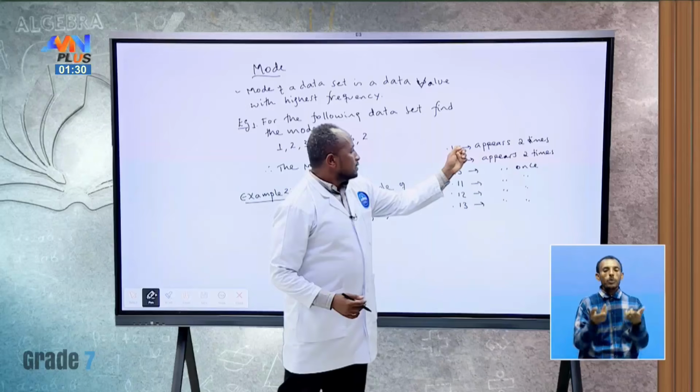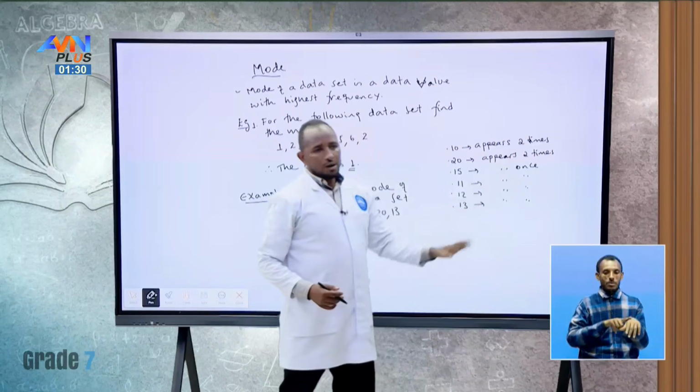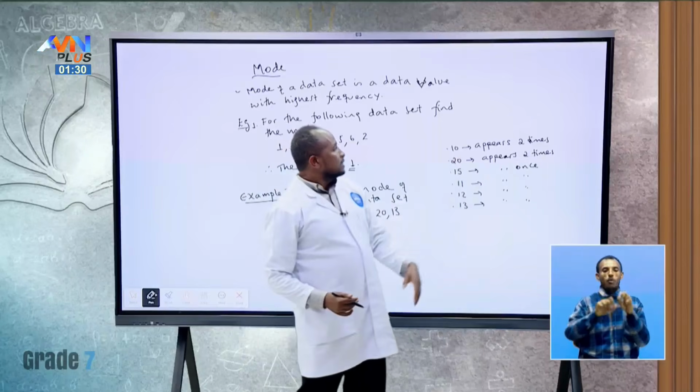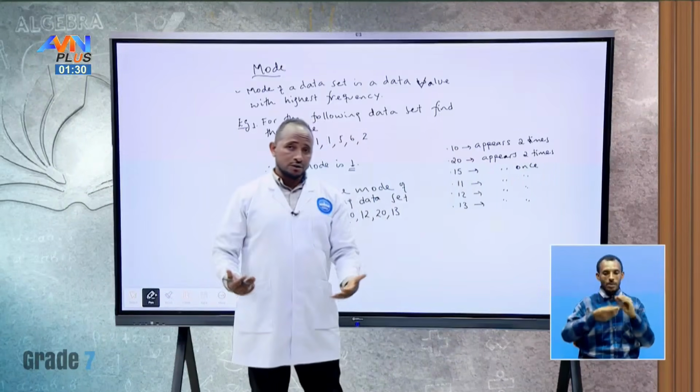Therefore, which of these data values appears the most times? When we see 10 and 20, they appear 2 times. The rest appear once. So we have 2 numbers that appear most.